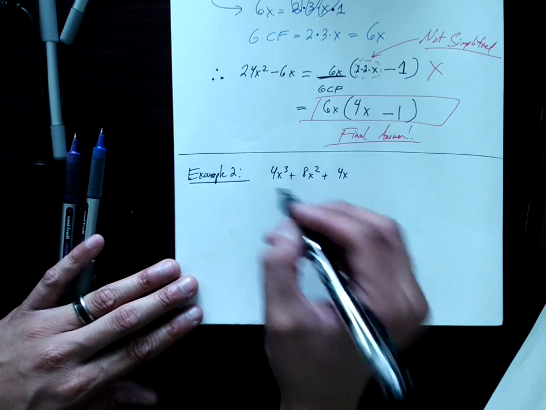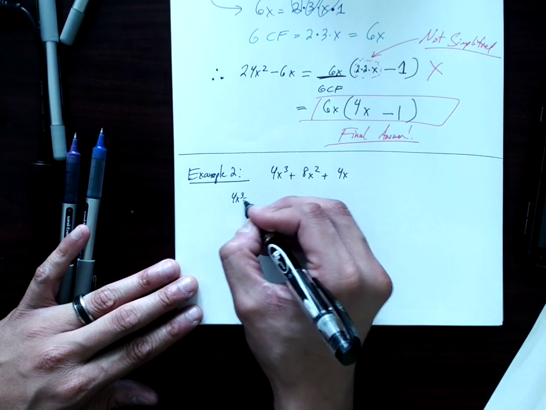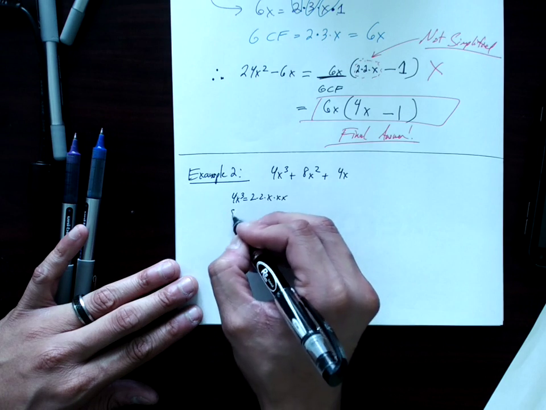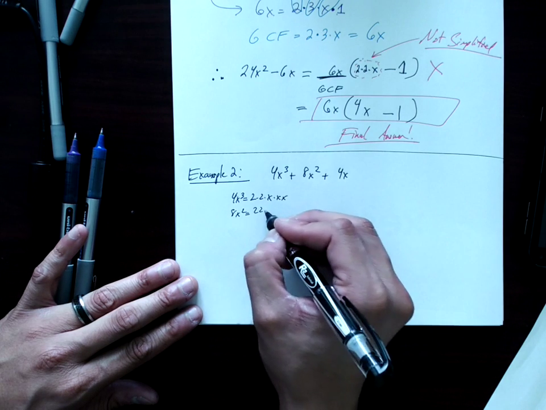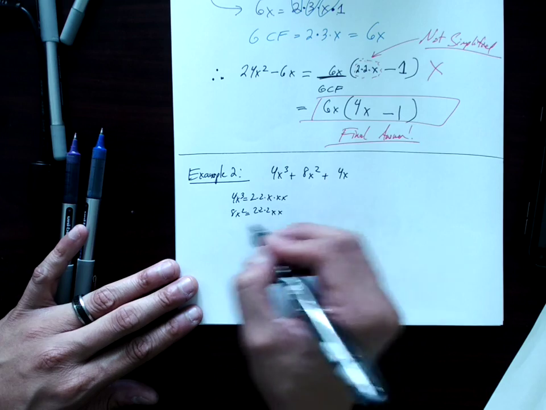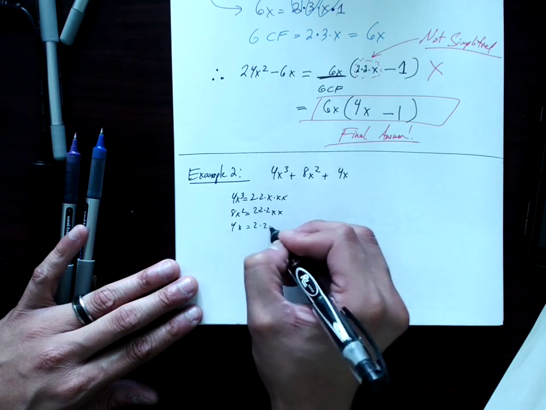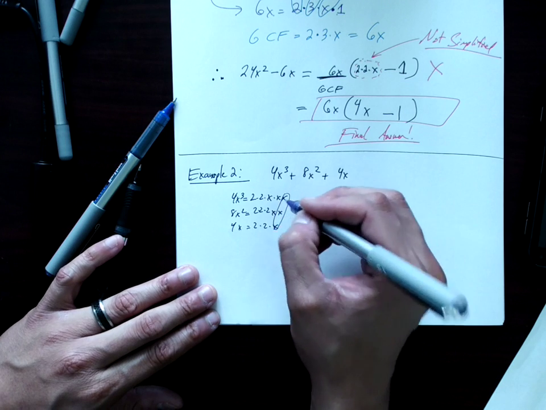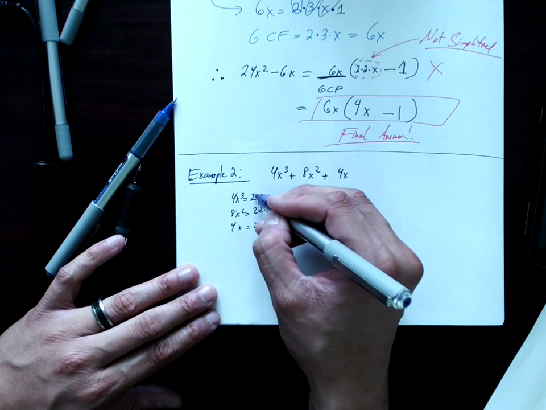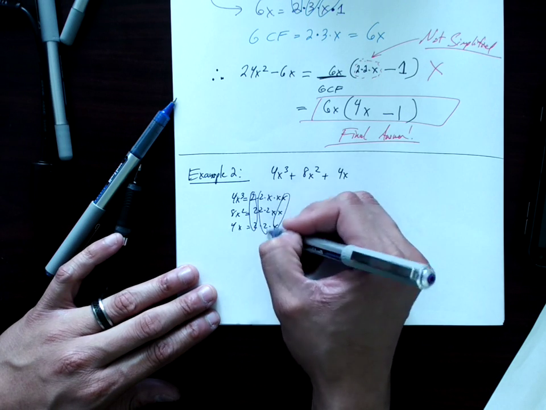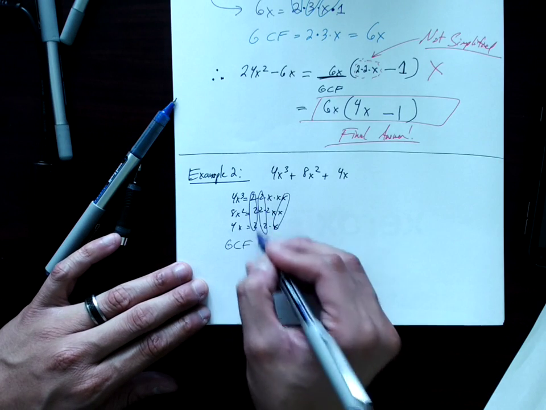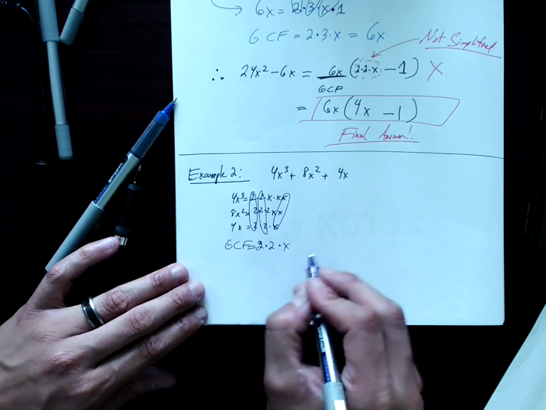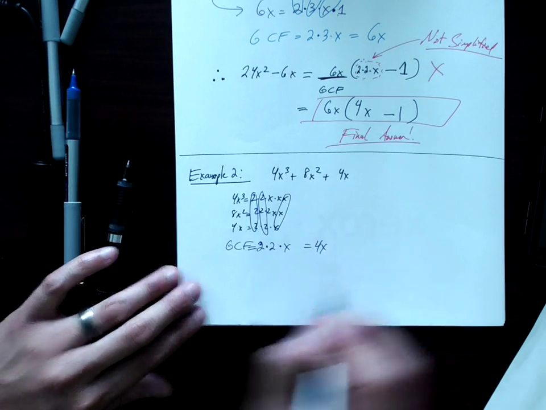But in case you don't, we can write it out. 4x cubed is 2 times 2 times 3 x's. 8x squared is 2, 2, and 2, x. 4x is 2 times 2 times x. You can see they all have an x, and 2 2's. So the GCF is 2 2's and 1x, which of course is 4x.